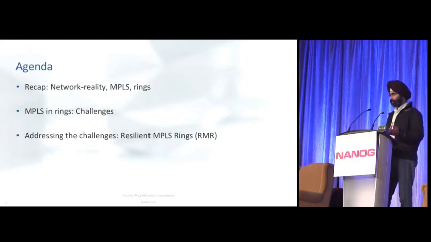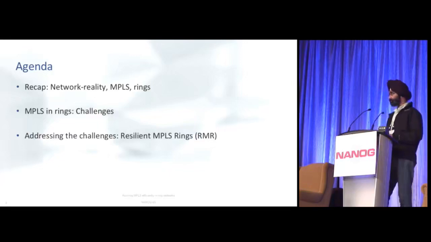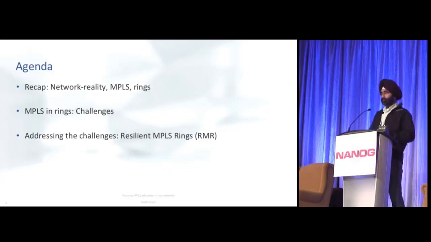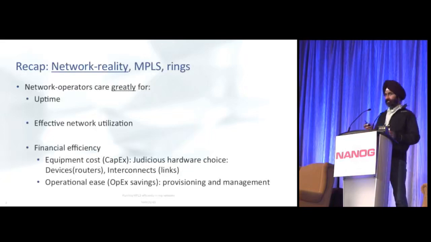And in the third part, we'll talk about resilient MPLS rings, which is an architecture by which some of the reasons why MPLS is not so prevalent in rings are alleviated. And it's my belief that with RMR, MPLS and rings can go together, and many of the pet peeves that prevent MPLS from being widely deployed in rings can be addressed. So with that said, let's quickly jump in and see what the network realities are.